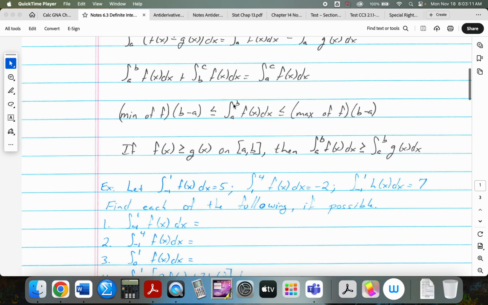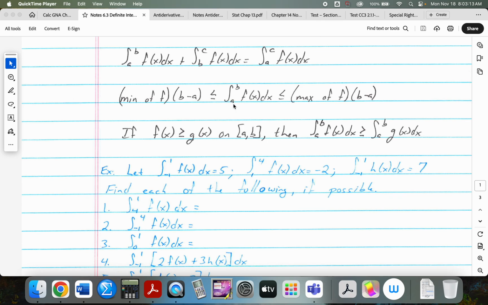This next one is one of my favorites because I can remember a time when it messed with my mind, and then I was like, oh, that's fine. This says that the integral from a to b of f of x dx plus the integral from b to c, notice that this is the same as this.